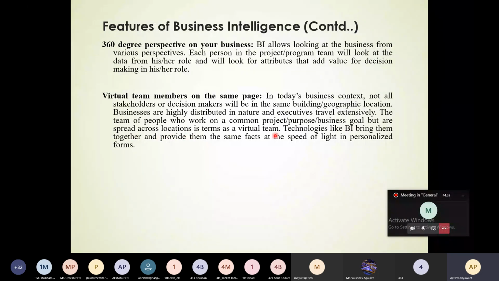So technologies like BI bring them together and provide them fact-based information at the speed of light in personalized forms. Because of this, you can collaborate with your stakeholders on a single platform. It keeps virtual team members on the same page, and with the help of this, you can do the business.